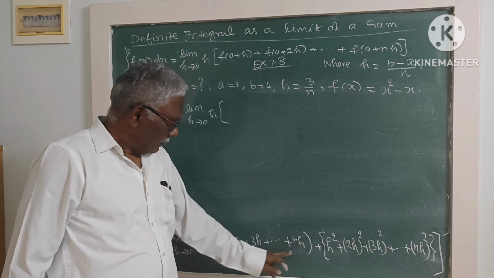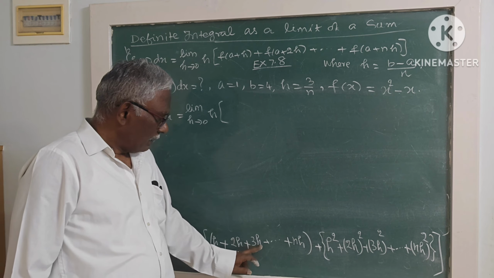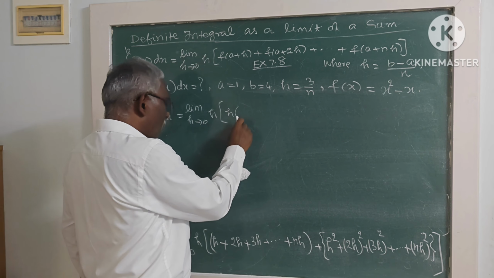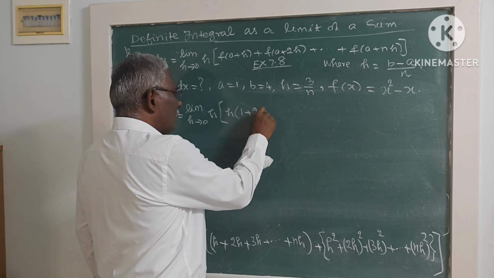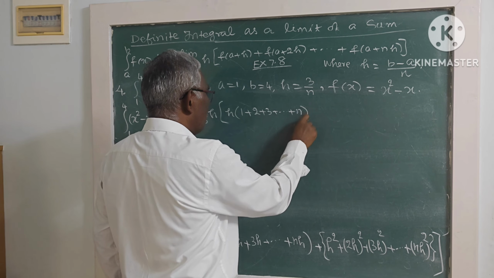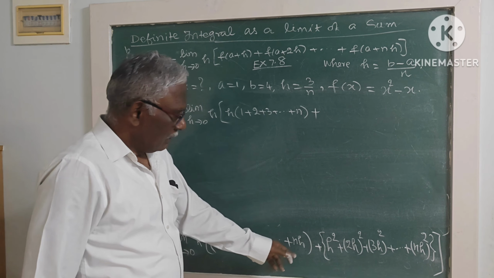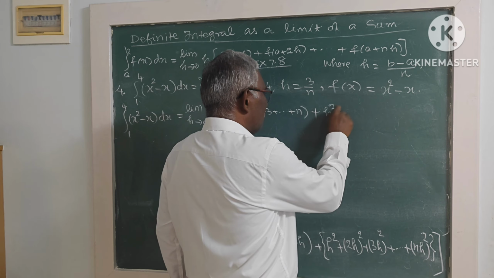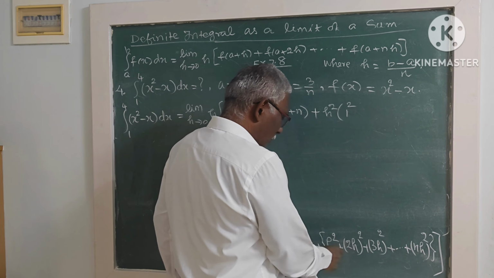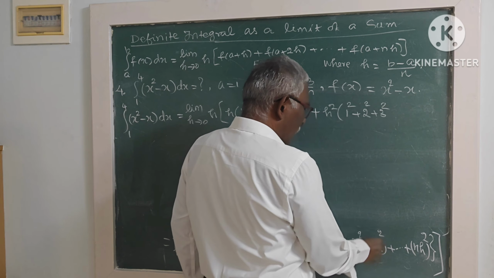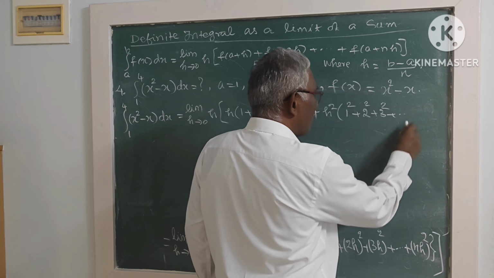In this term, everywhere h is there, h plus 2h plus 3h is there. Take h commonly outside. So h into 1 plus 2 plus 3 plus etc. plus n, plus, now take h square outside. Then we'll get 1 square plus 2 square plus 3 square plus etc. plus n square.